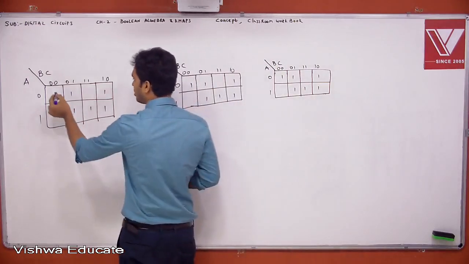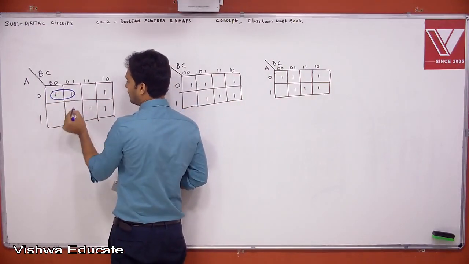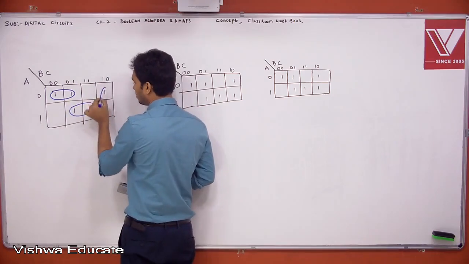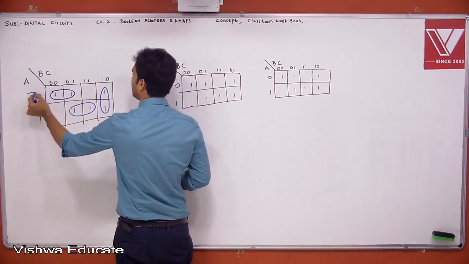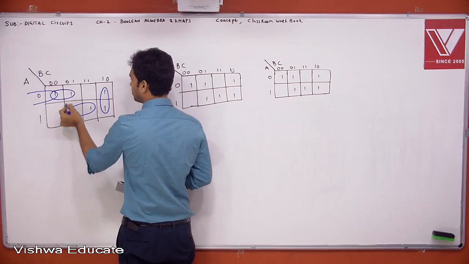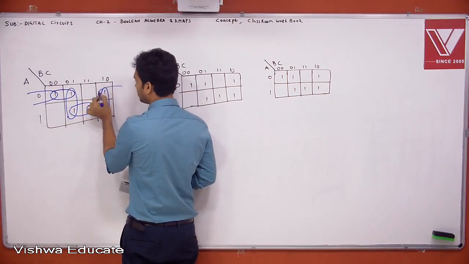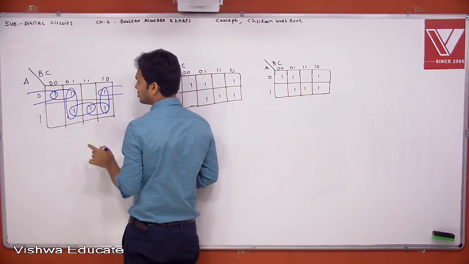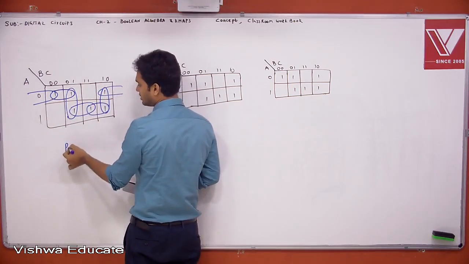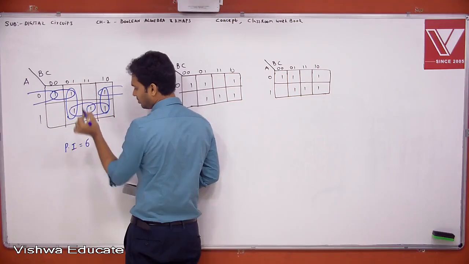First let us make all possibilities: one pair, one pair, one pair, another pair, another pair, another pair. So yes or no? So all possibilities, how many did I get? It is 6 possibilities, 6 prime implicants.